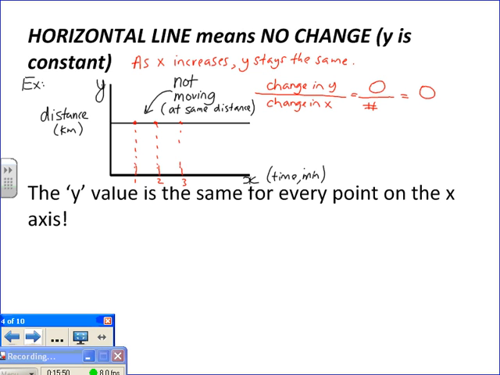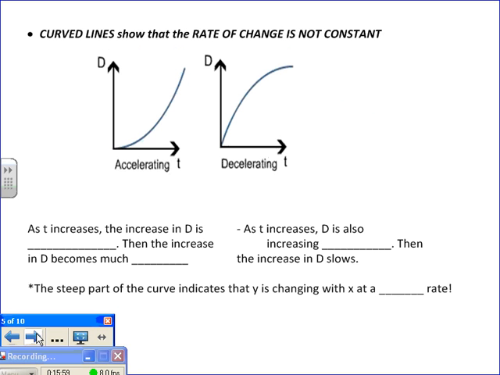Curved lines are a little bit different than straight lines. Let's go ahead and have a look at a curved line. So curved lines show that the rate of change is not constant.